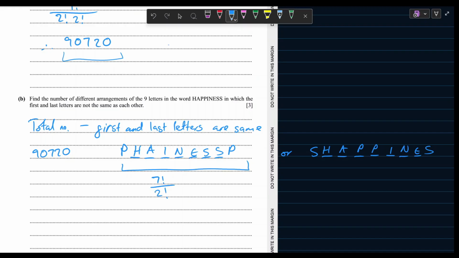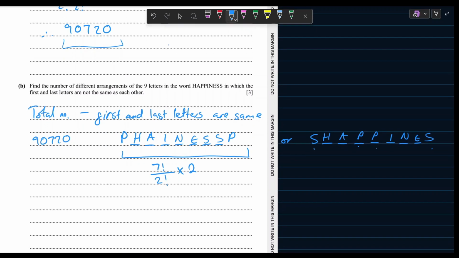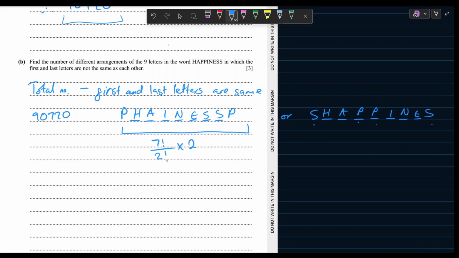And that's exactly the same thing happening here. We've fixed the S's on either end, so we are rearranging the 7 letters in the middle, and we've got the P's appearing twice, so we have to divide by 2 factorial. So I'm just going to multiply this by 2 because it's the same thing there. And so what we end up with is essentially just 7 factorial there. So 5,040.